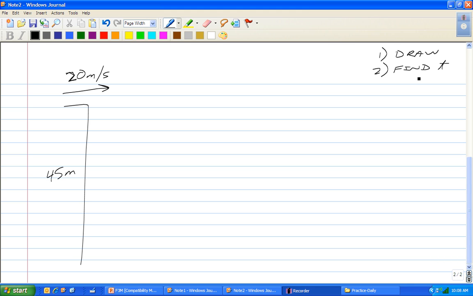Which is going to be based on which direction? Horizontal or vertical? Vertical, always. And then the third step is we're going to find that distance, or sometimes I'll have you work it backwards and find the speed. But we're going to find the horizontal component. Alright?